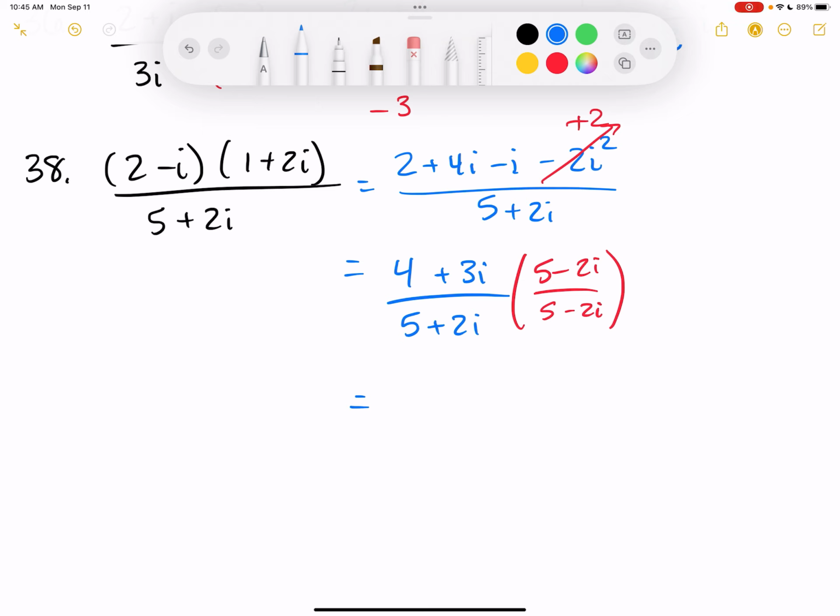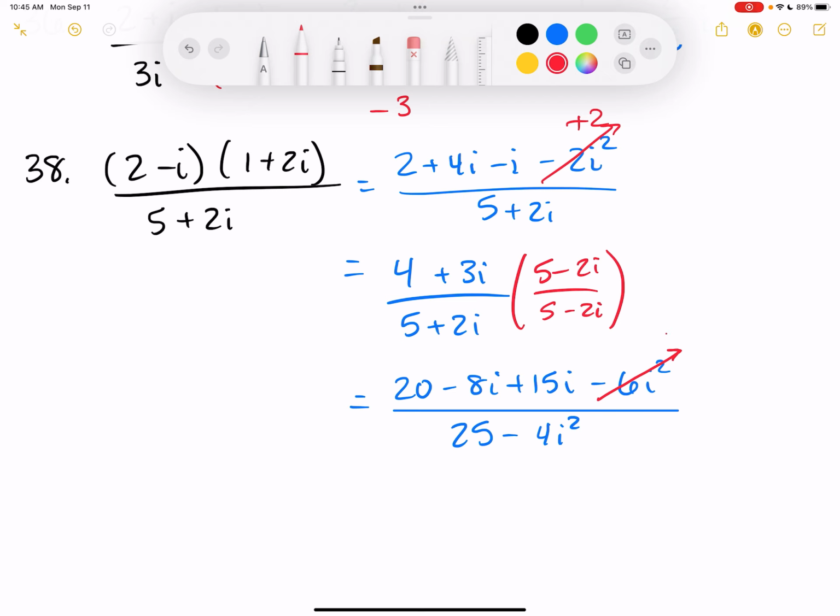On top I've got 20 minus 8i plus 15i minus 6i squared. On the bottom, 25 minus 4i squared. Negative 6i squared is becoming positive 6.